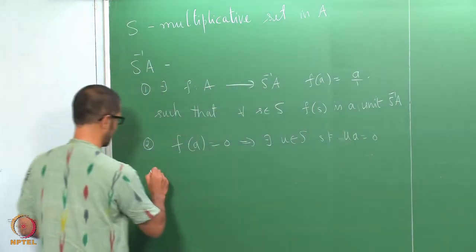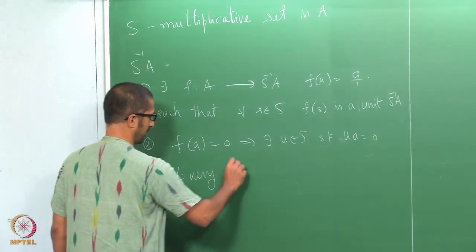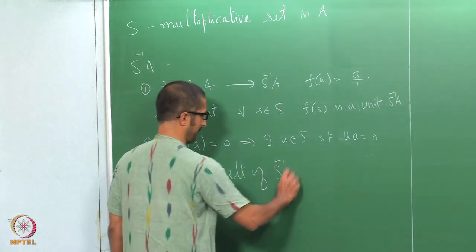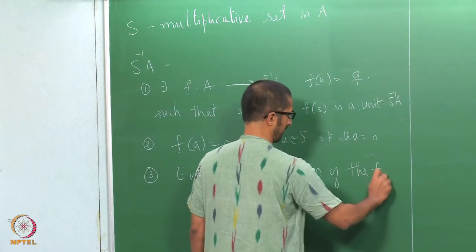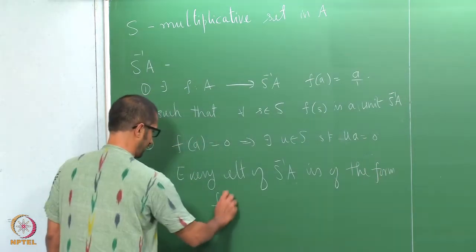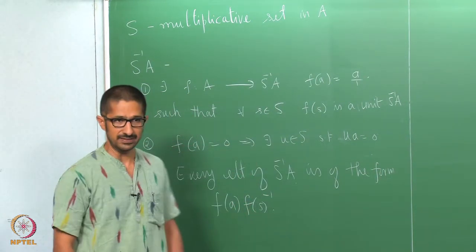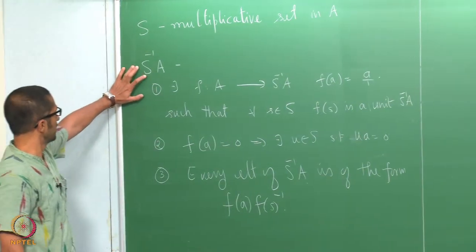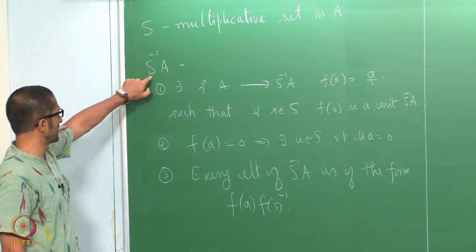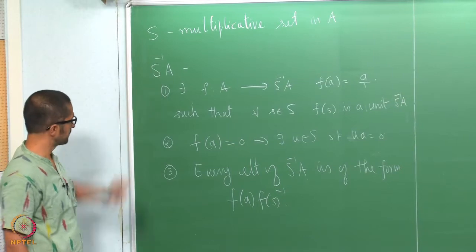And the third property is every element of S inverse A is of the form f of a times f of s inverse, right. So, this ring is called the localization of A with respect to the multiplicative set S.